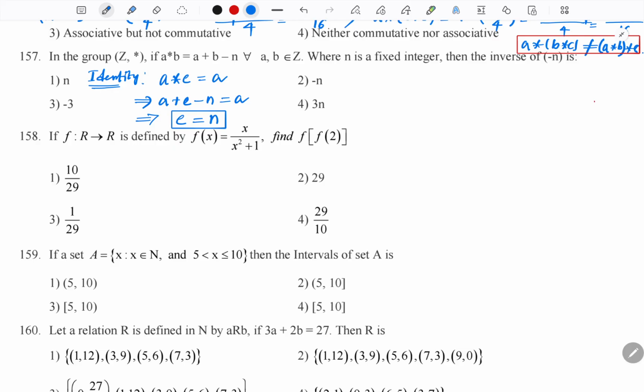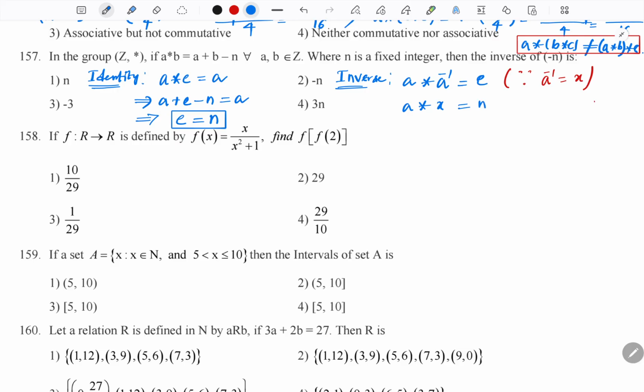Now what is the inverse here? If A is any element, what is the inverse of A? Applying the definition, let x be the inverse element. Since I am taking A inverse equal to x, then A star x equal to E, what is the E value here?